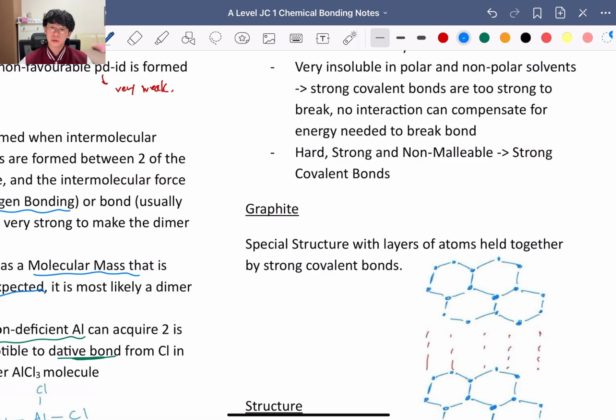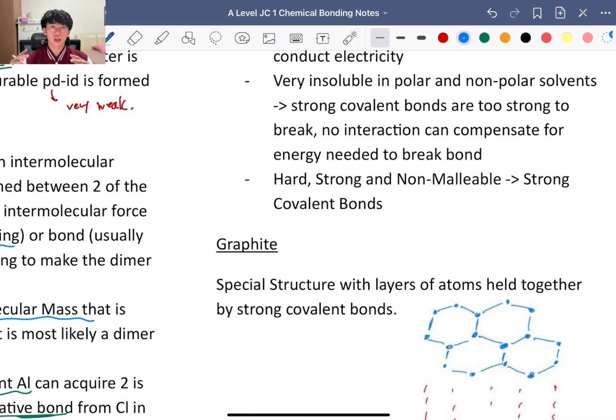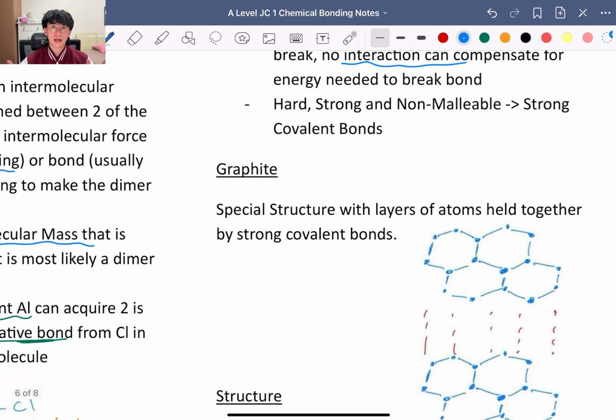Your covalent bonds are just too strong, so you have no interaction that can compensate for the energy to break the covalent bonds, so it's generally not very soluble. And of course, it is hard, strong, and very non-malleable because it's a giant molecular structure. The covalent bonds are too strong.